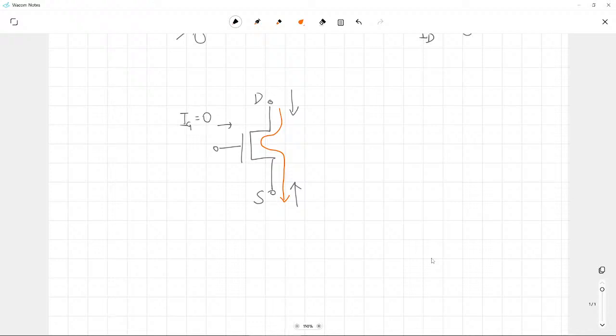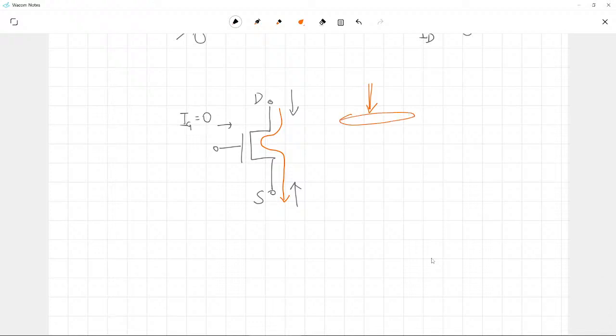However, this is just the flow of our electric current, and we have to determine what is the drain current and what is the source current. As I told you before, when we calculate or determine the value of a terminal current, the convention is always the flux or current flowing into the structure or the element through that terminal.